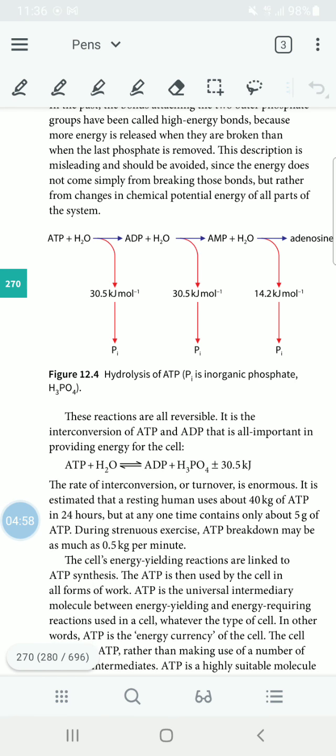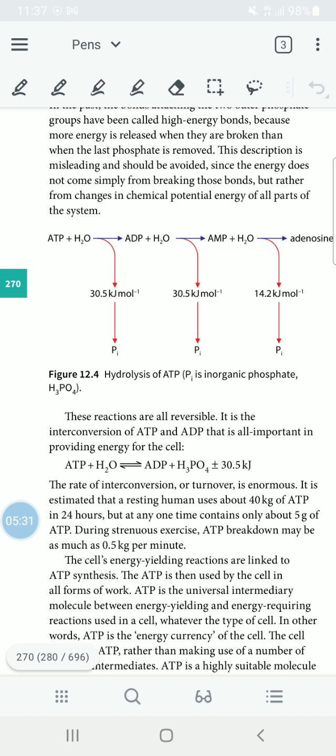I hope you understood that part. It's quite clear if you look at the diagram once again. These reactions are all reversible. So that means from adenosine you can go back to AMP, AMP to ADP, and ADP to ATP. Right? This reversible interconversion ability of ATP and ADP is very, very important to provide energy for the cells.